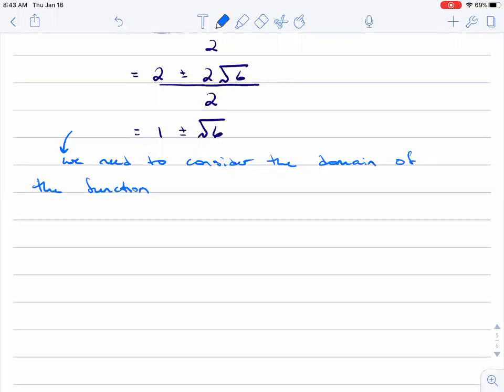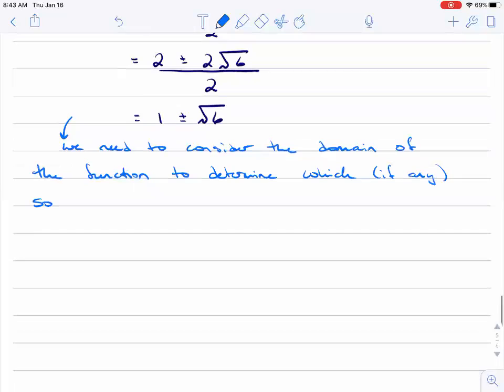We need to consider the domain of the function to determine which, if any, solution solves the equation.